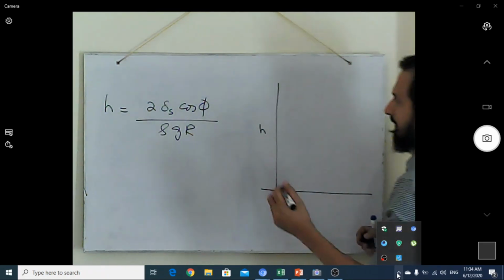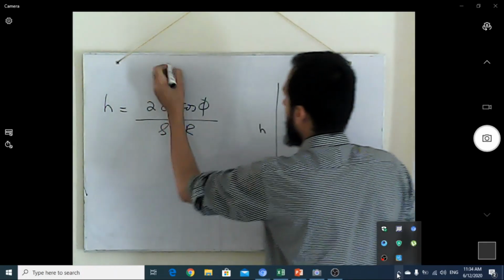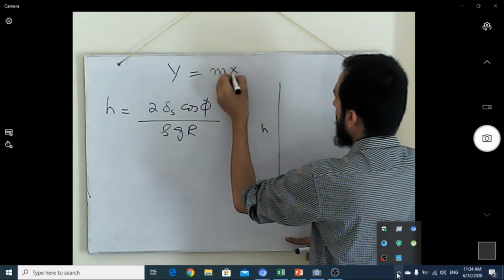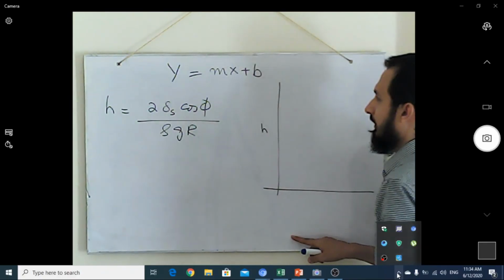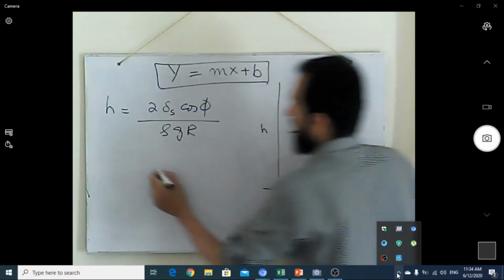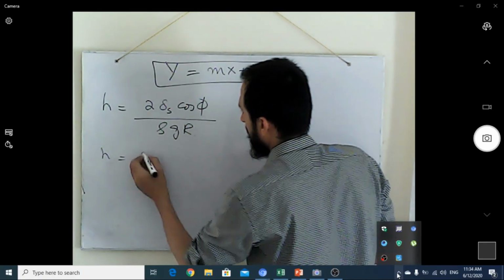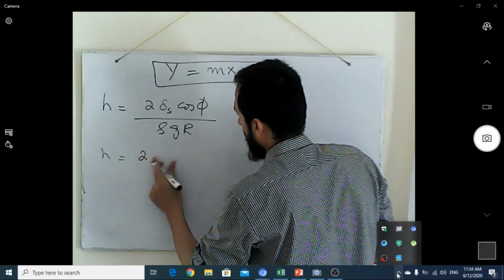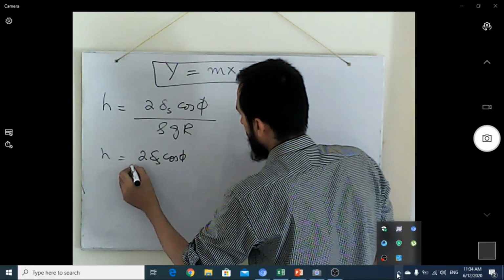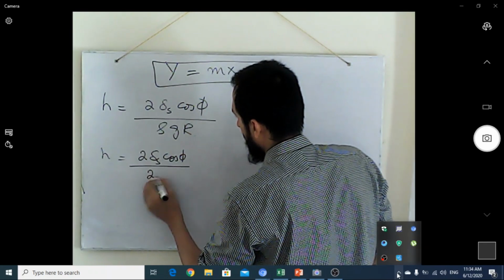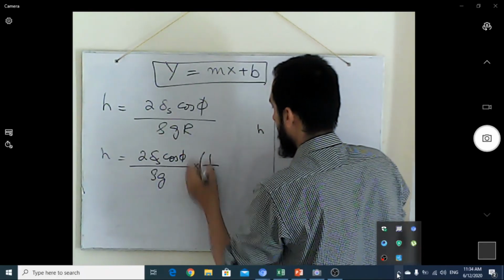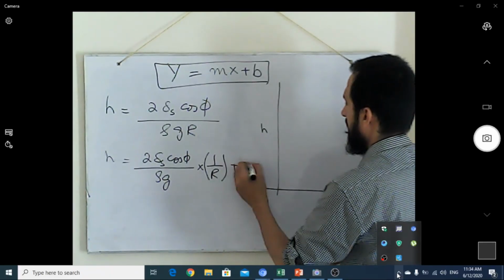If I'm talking about the equation of a simple straight line, y is equal to mx plus b, and I'm reducing it into the form of this equation. So h will be equal to twice the surface tension cos theta, all these values are constant, over rho and g, which is constant, times 1 over r, which is varying, plus 0.